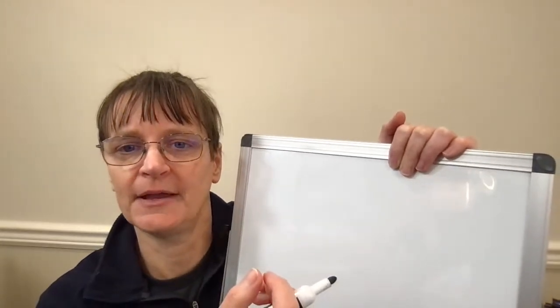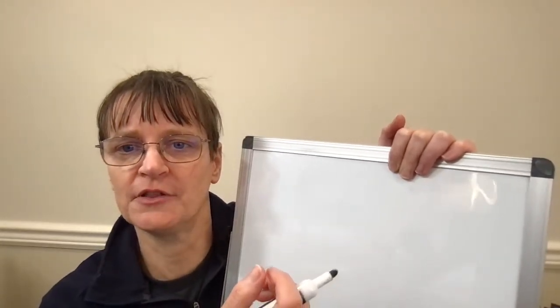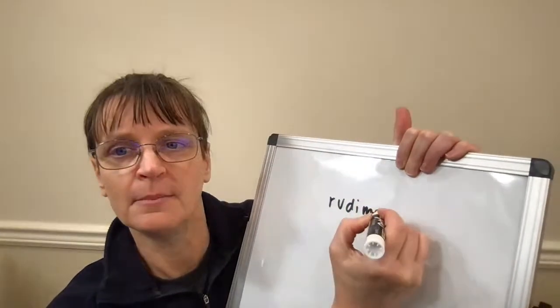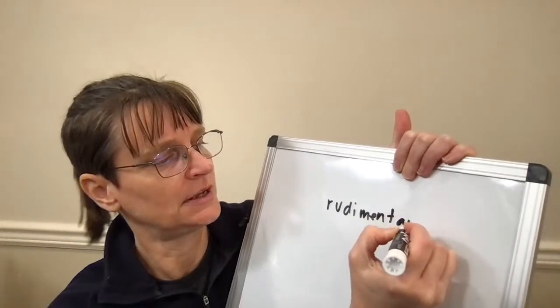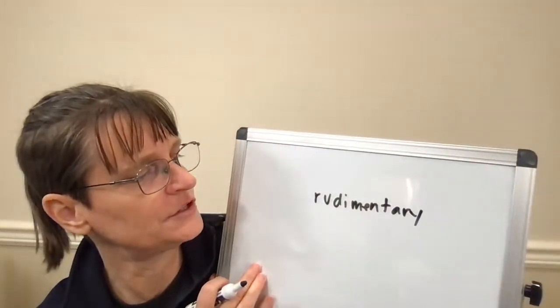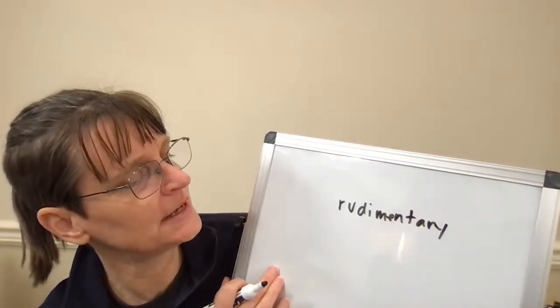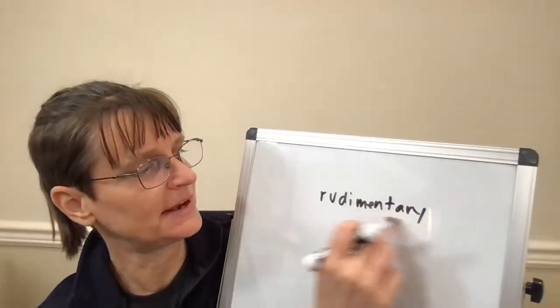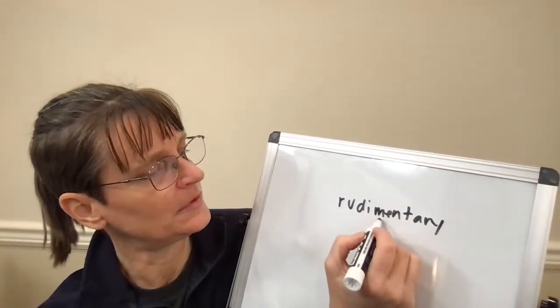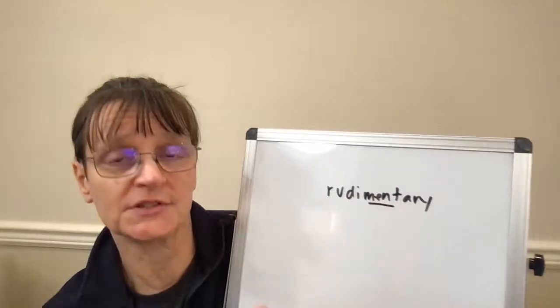Okay, and then question, your other word was rudimentary. Rudimentary. So this is one where, again, we may have two options. It might be rudimentary or rudimentary, depending on if we reduce that syllable. The syllable stress is on the ment.